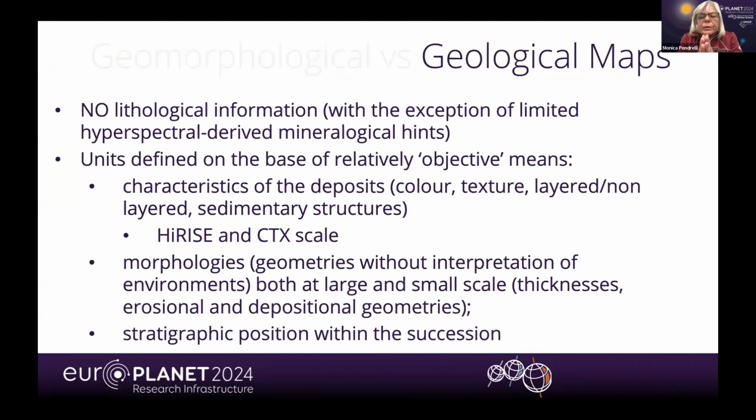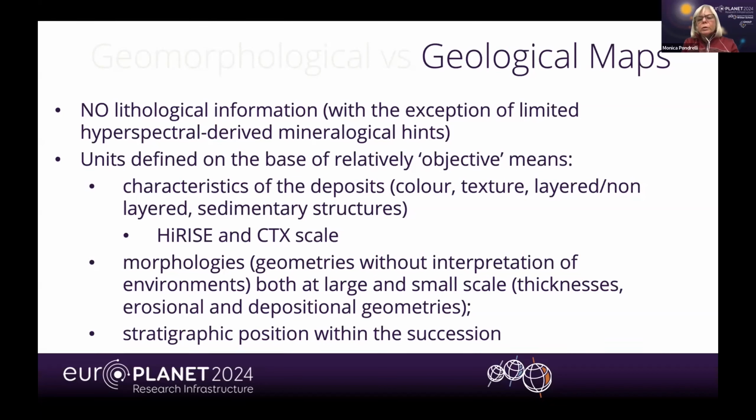Geological maps on Earth are meant to be as objective an instrument as possible. So they are based on lithology, which is the most objective parameter that we have. Of course, on Mars, but in general on other planets, this is a problem because we have no or very little information about lithology. So how can we be, in brackets, objective? We can try to find some characteristics which can be, again in brackets, objectively described.